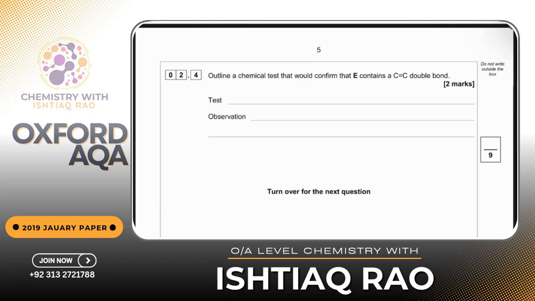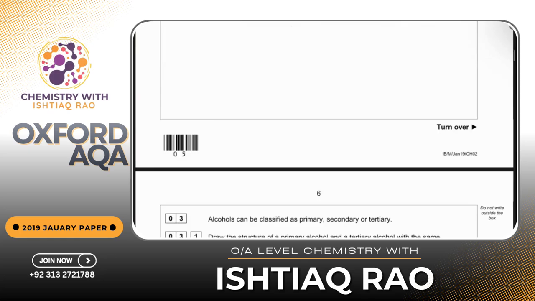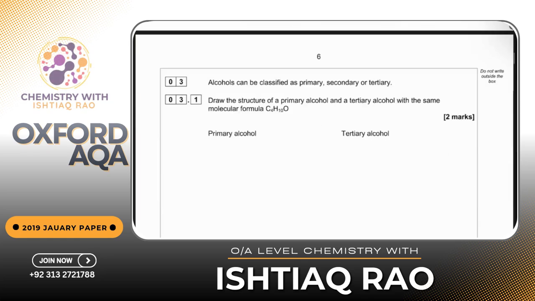I would add bromine, and then the bromine will decolorize if there is a carbon-carbon double bond. Yeah, this is not that hard.